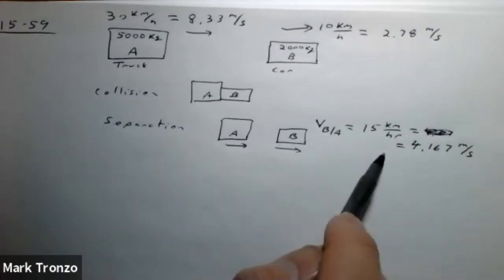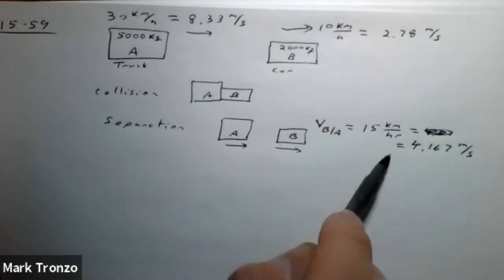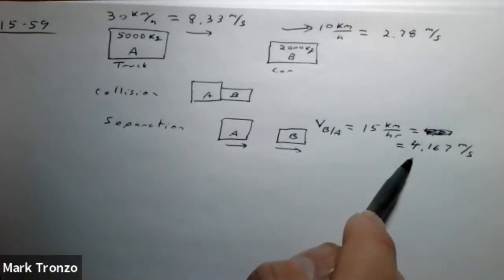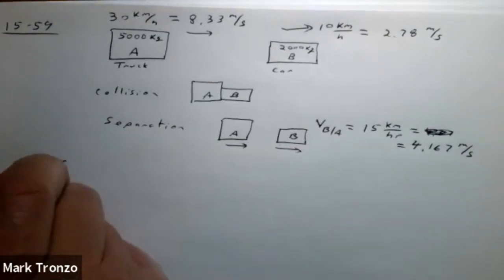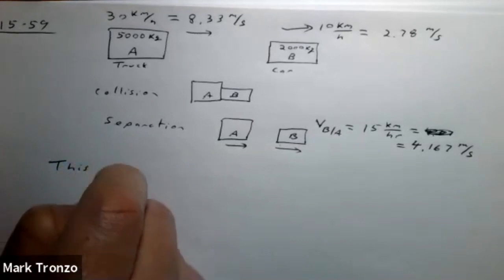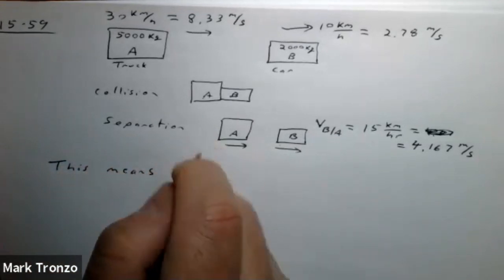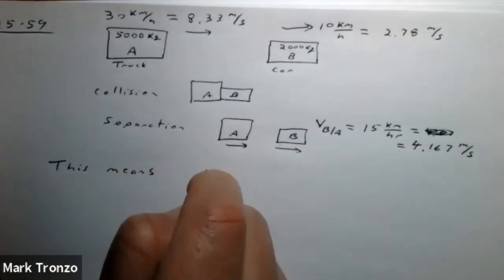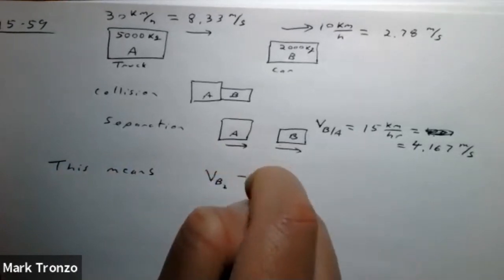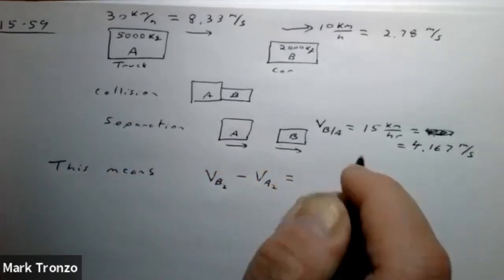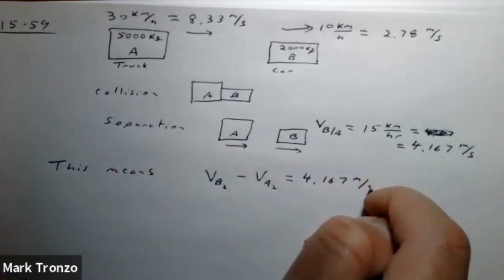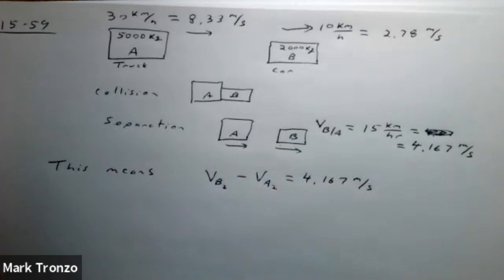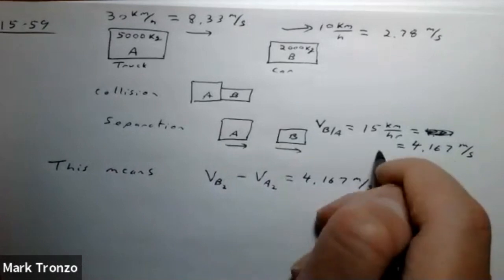After impact, this means that VB2 minus VA2 is going to be equal to 4.167 meters per second. That's what this amounts to.